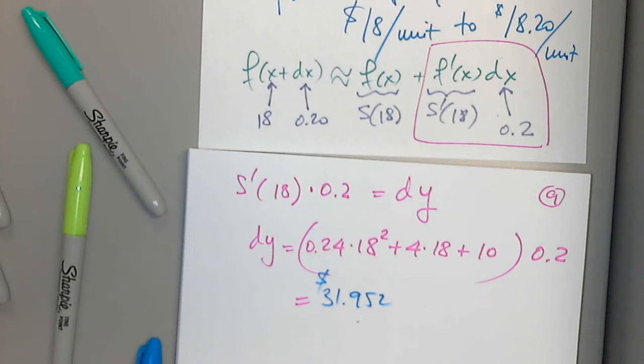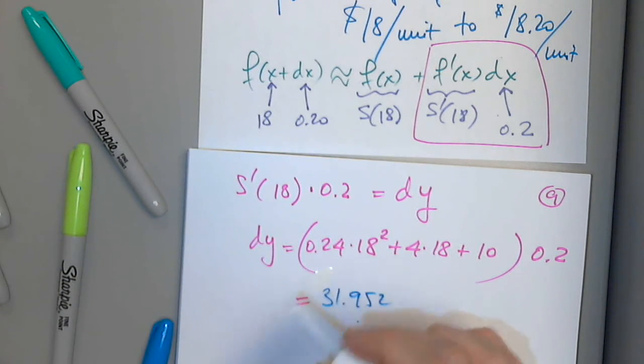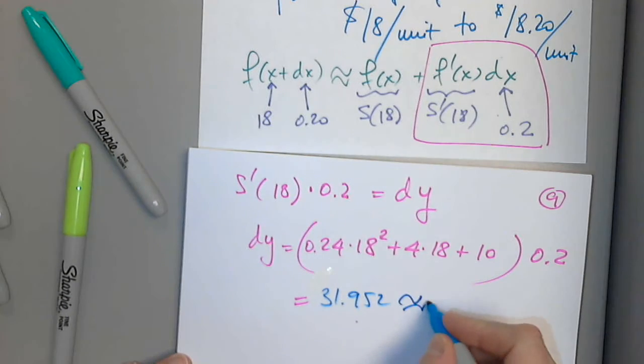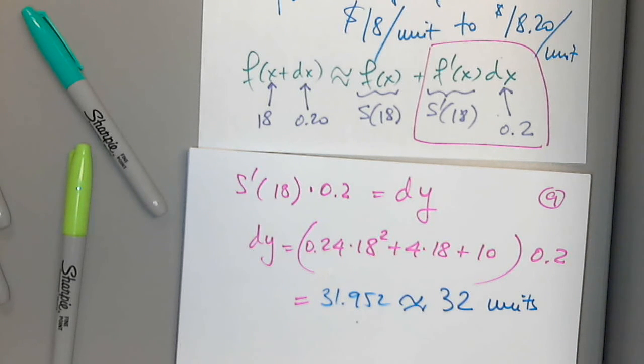So not dollars, but I will say approximately 32 more units, because we're talking about the supply. So I'll say approximately 32 units. Any questions? Any questions?